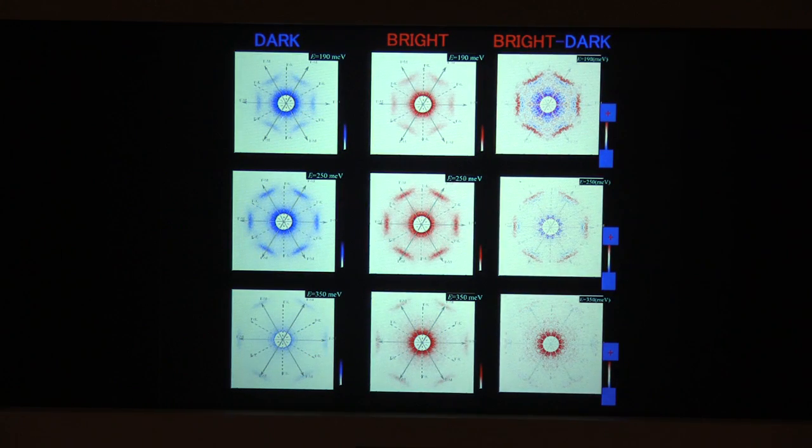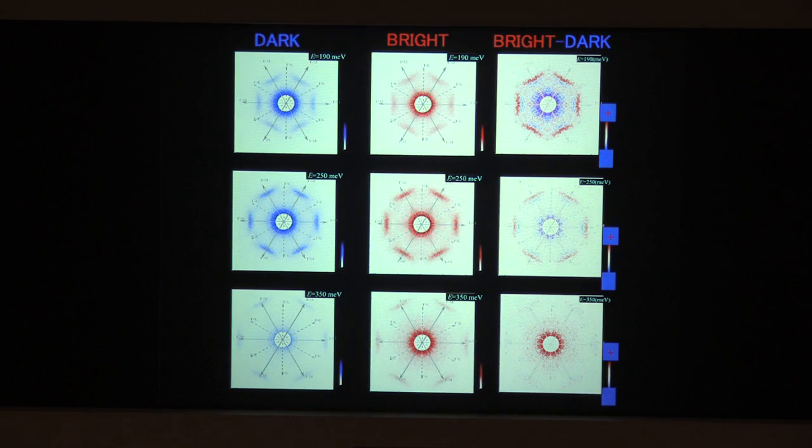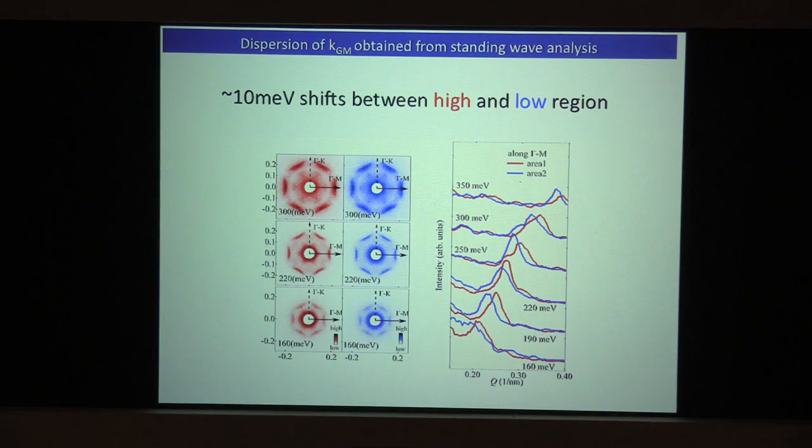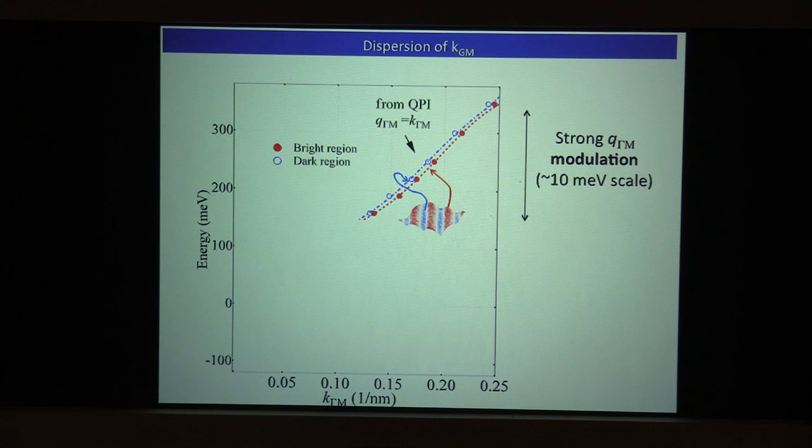So in fact, if you compare them side by side, you can see that these Q vectors are actually smaller than these Q vectors. This is smaller than this is smaller than this, and so on. So you can actually take line cuts and plot the Q vectors, and you can see that consistently, as a function of energy, the Q vectors have shifted.